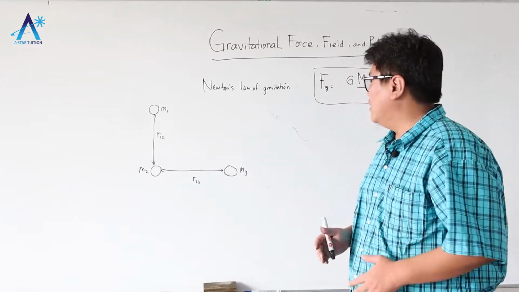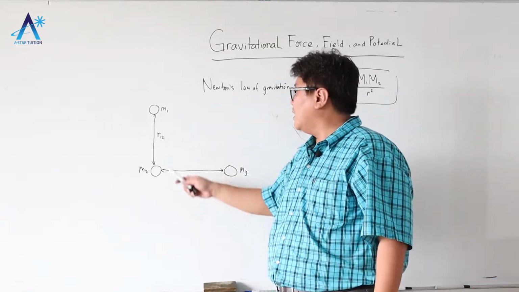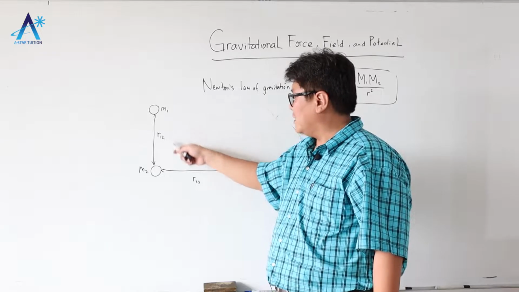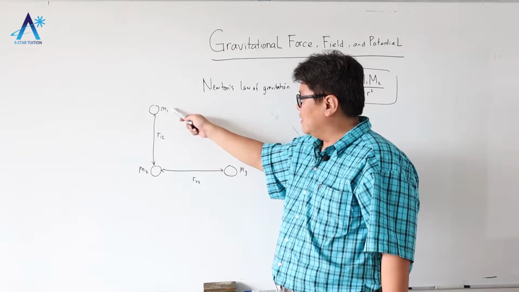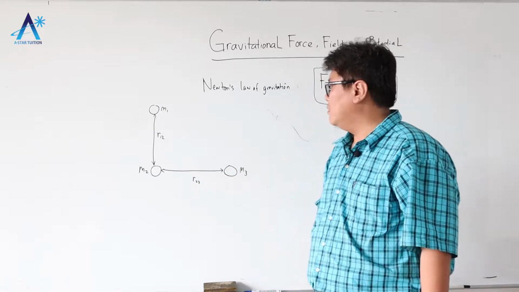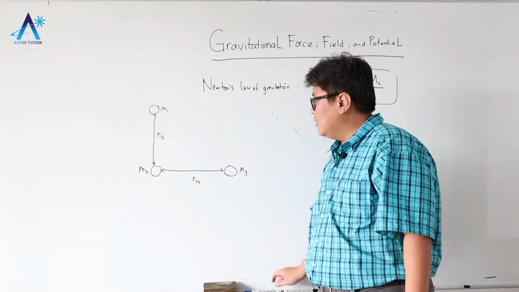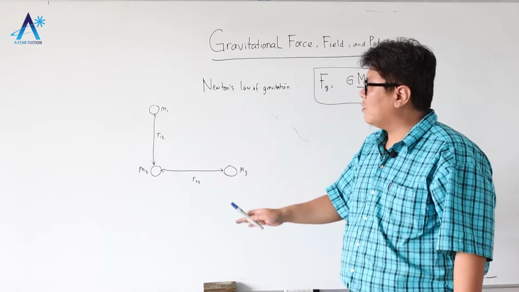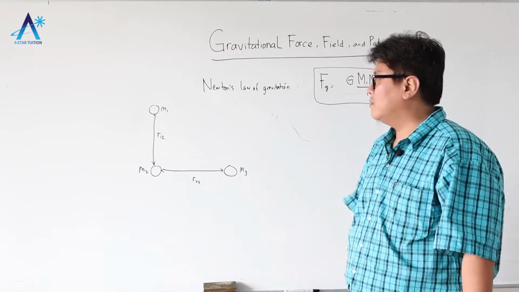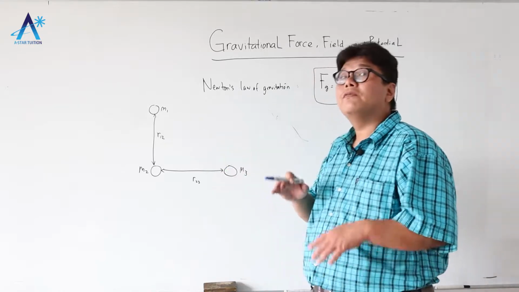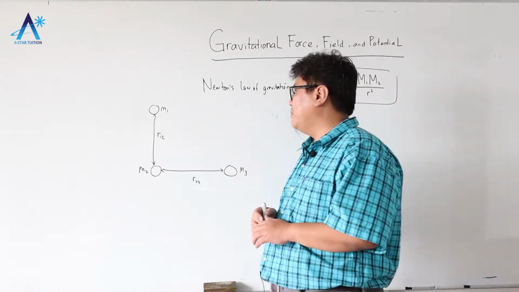Now what if the three objects are configured like this? m1 is directly above m2 and m2 is to the left of m3. Then in order to find the resultant force on m2, this is just finding the resultant of vectors that you are familiar with.